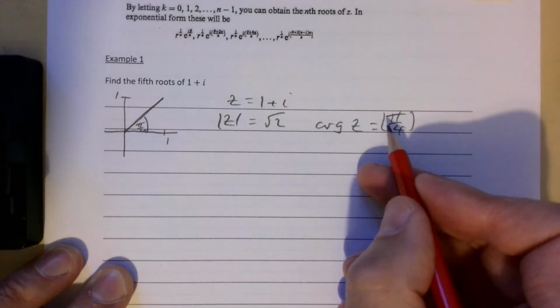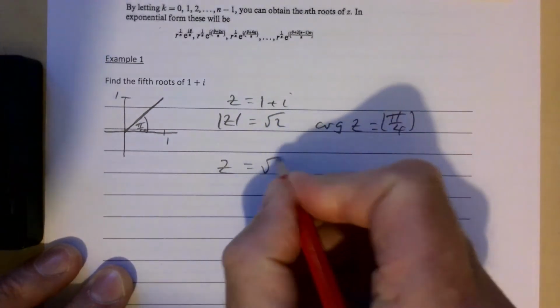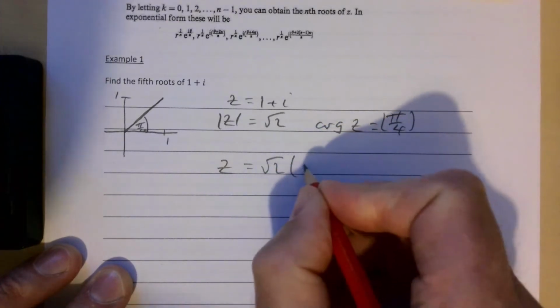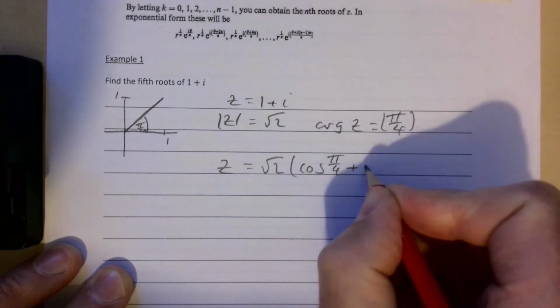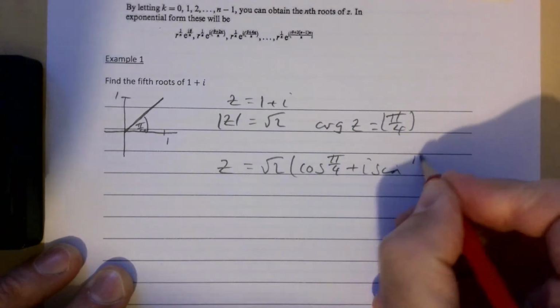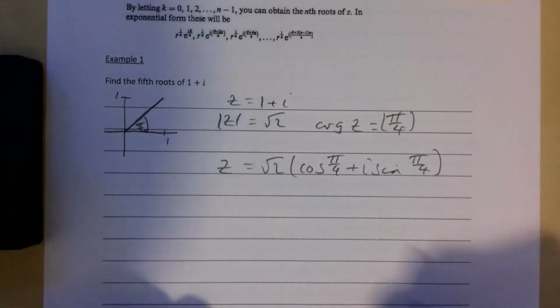If we write it in our mod-arg form, which is the way we want to do it, then z equals root 2, because that's the length of the line, times (cos pi over 4 plus i sine pi over 4). As we chatted about, we can rewrite this in another form.